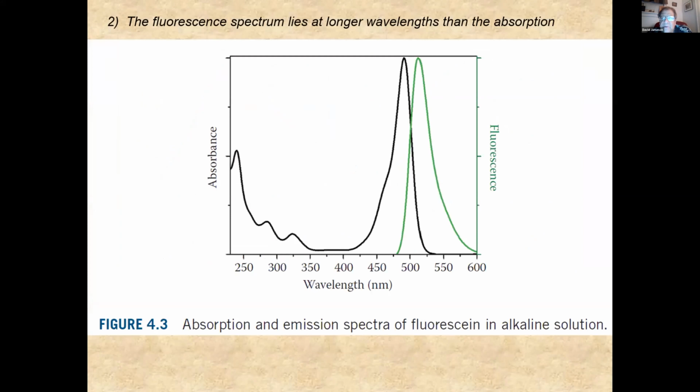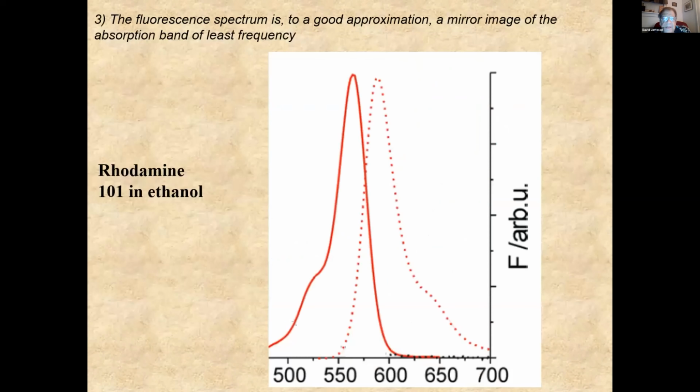Now here, the fluorescence spectrum lies at longer wavelength than the absorption. Here you see the absorption spectrum of fluorescein in black, and you see the emission in green. And generally it's shifted to the right. There is some overlap, but no matter where you excite the fluorescence in that black absorption envelope, you'll get that emission shifted over, to lower energy, higher wavelength.